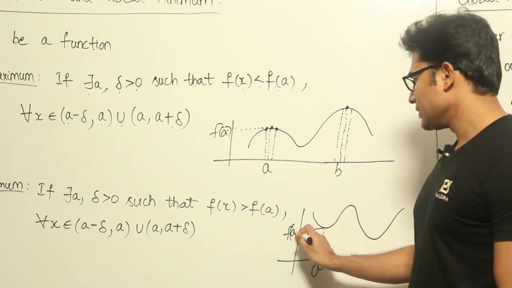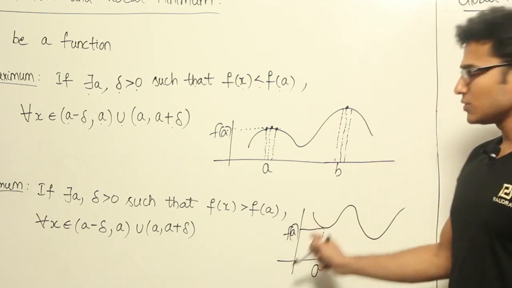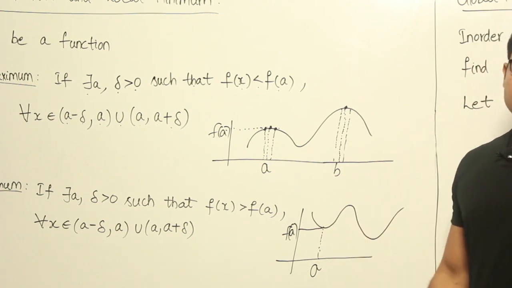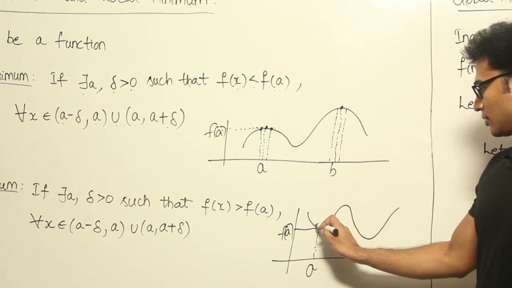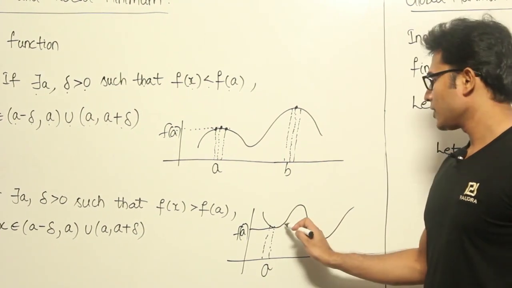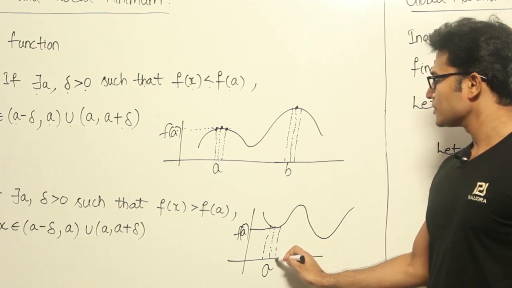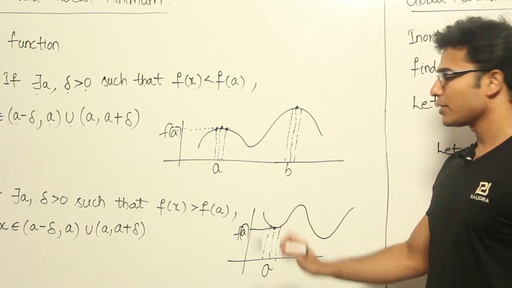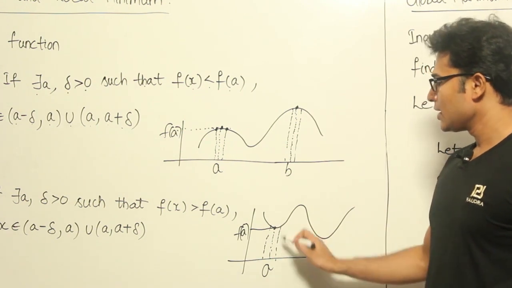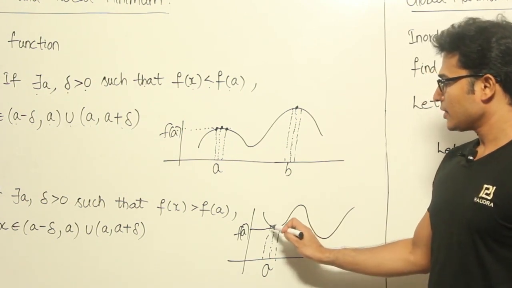Now this is the least in the neighborhood of a, but it is not the global minimum. But it is the minimum compared to the neighborhood, which means if I take a small point to the left of a, or go to the right of a and look at the values, they will be greater than the value we got here. It means that at this point we have the minimum in the neighborhood.